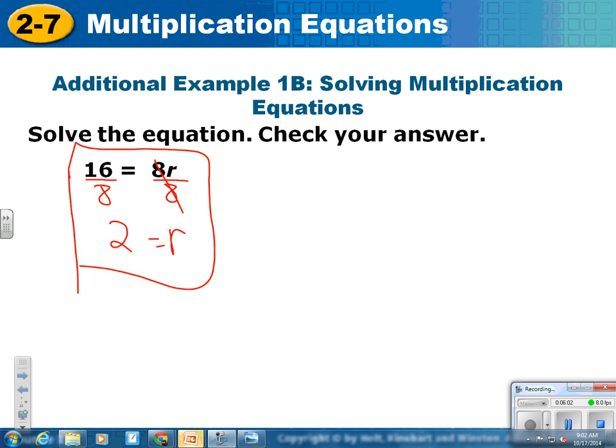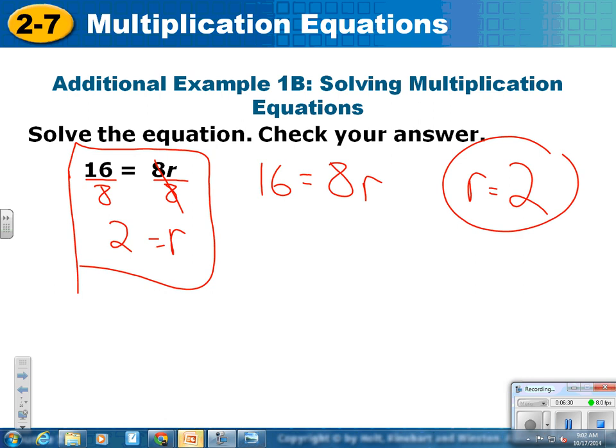That's an excellent question. How do you check your answer? So we have this problem right here. 16 equals 8R. And then it says R equals, not 8. We said R equals 2, right? You check your answer by plugging this in. It says R equals 2, so you take this 2, you plug it in for R. So now you have 8 times 2.